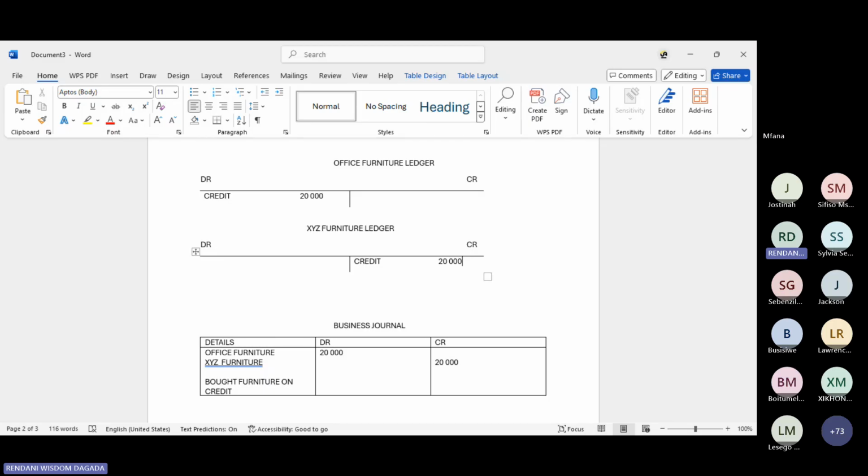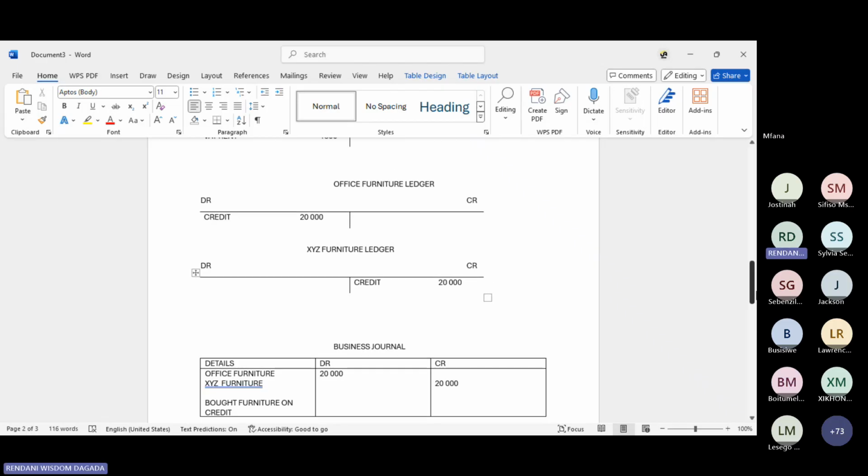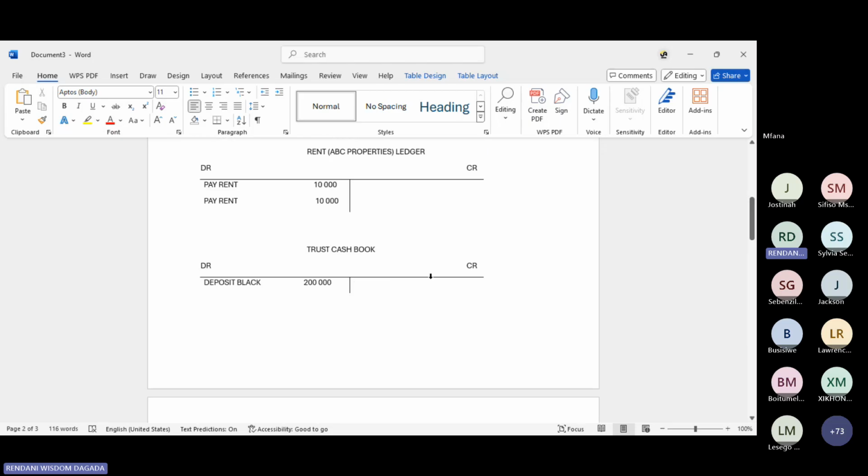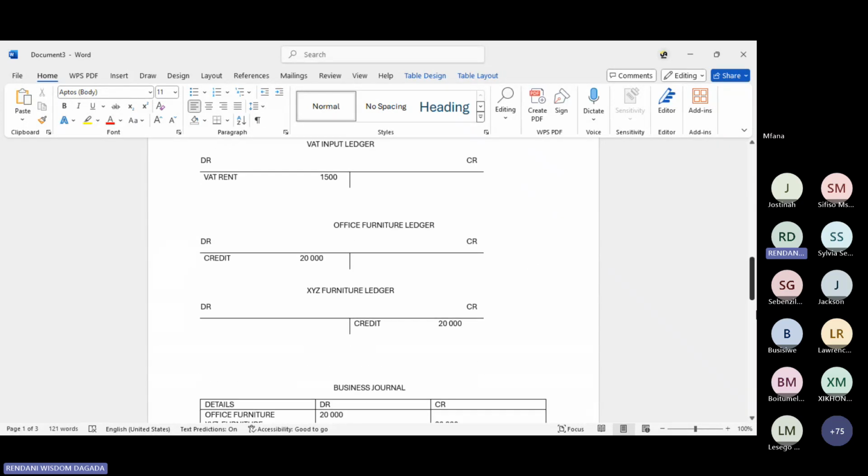Let's start on the first one. The first one says there was a deposit by a client. When there's a deposit by a client, it means we have to use the trust cash book. This Mr. Investor is a client. Deposit Mr. Investor. So when Mr. Investor deposits his money, we need to debit it on the TCB. After debiting it on the TCB, we need to open Mr. Investor Trust Ledger.